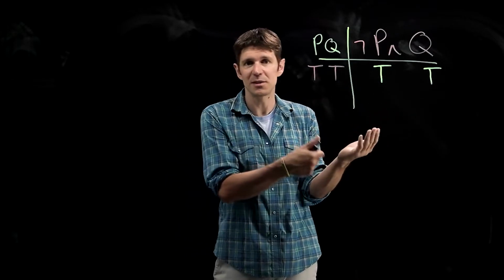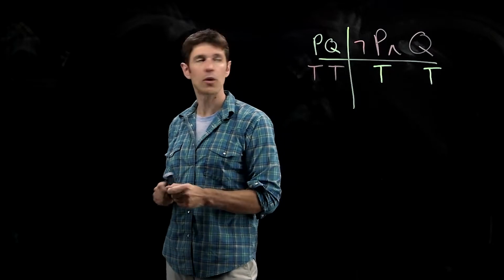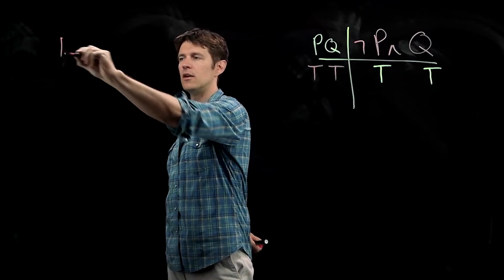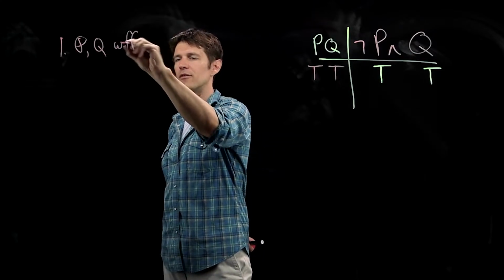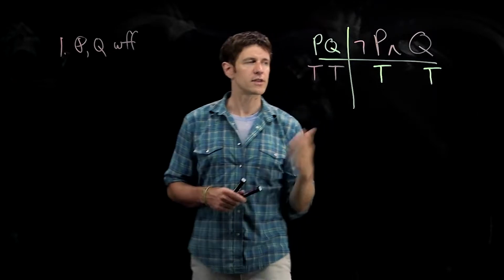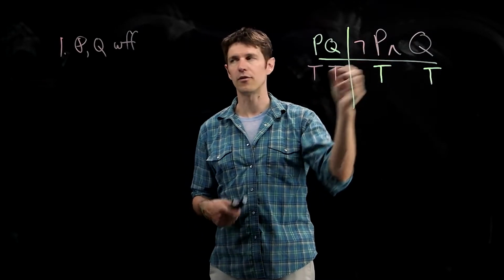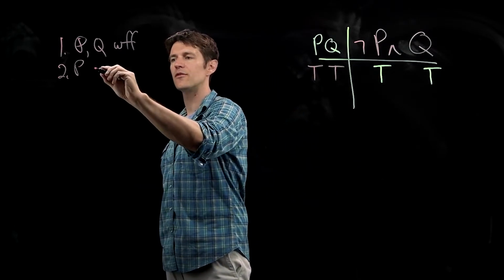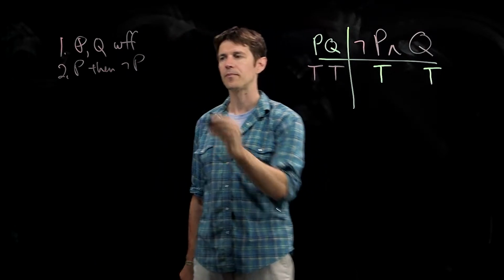My suggestion is simply to build this formula. So let's build it. We have this formula not P and Q. We'd start by saying, well, P is a well-formed formula and Q is a well-formed formula. That would be our first step. Then we would say, since P is a well-formed formula, not P is a well-formed formula.